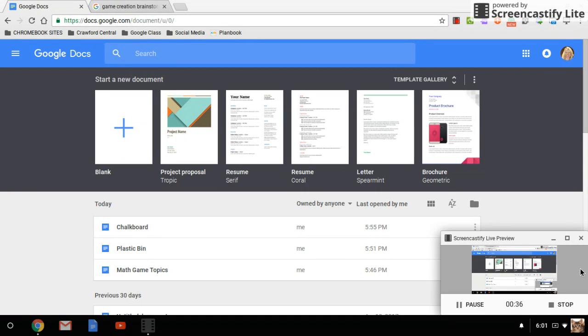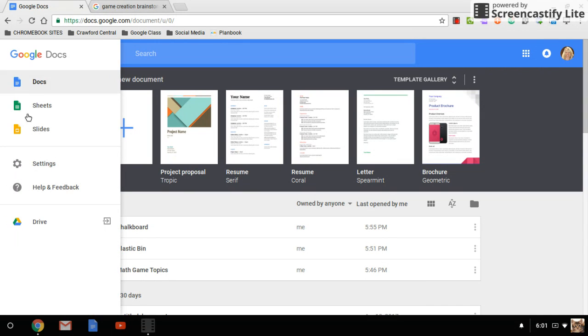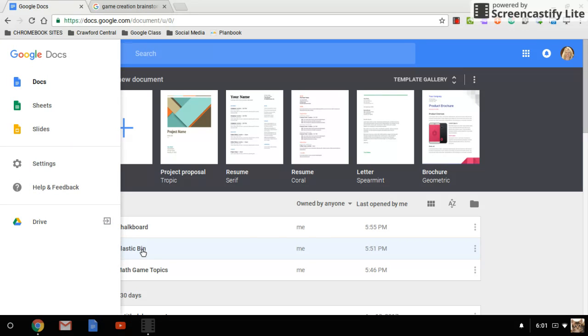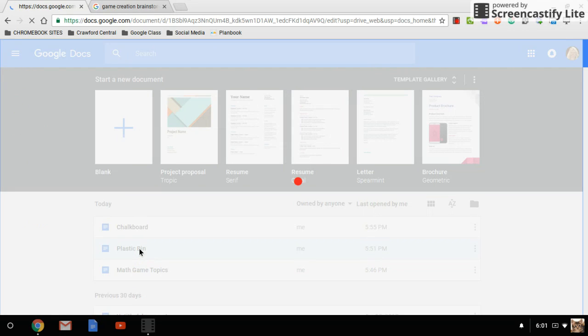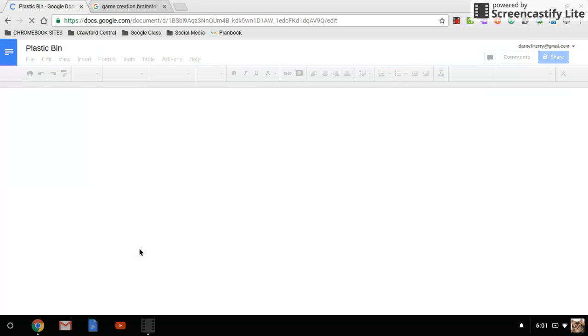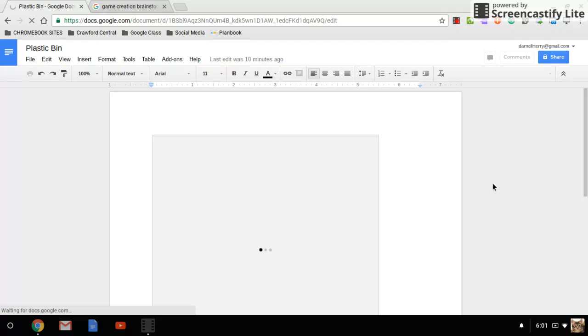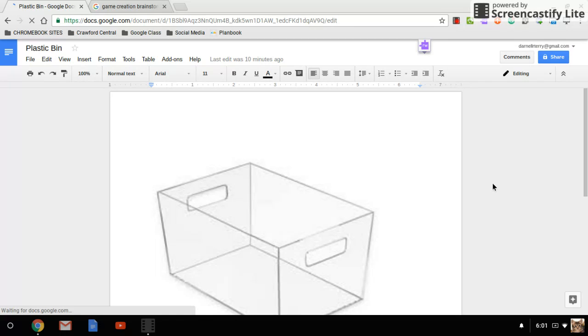And from this time forward, all of your materials will go into that plastic bin. So anything I gave you yesterday, the rubric and the game creation brainstorming sheet, goes into that bin. So that's the first thing I want you to do.